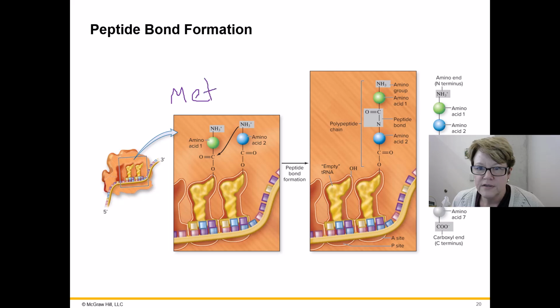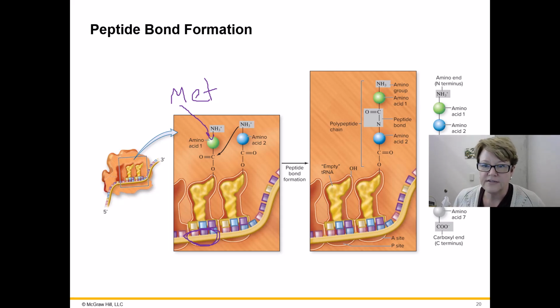Methionine comes in first because the codon is AUG right here in the mRNA, and the tRNA would be UAC, which is attracted to that start codon. And that tRNA that has a UAC anticodon always carries methionine.